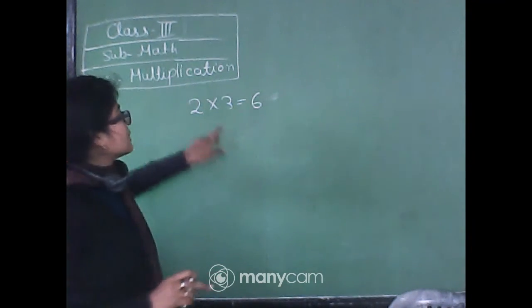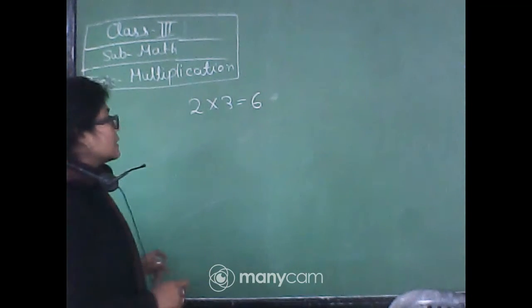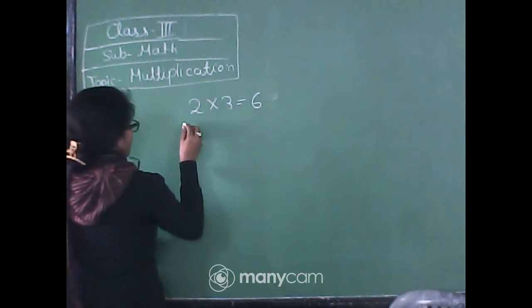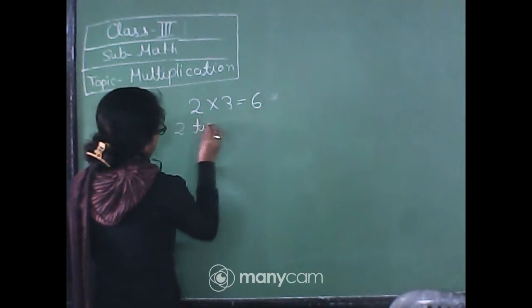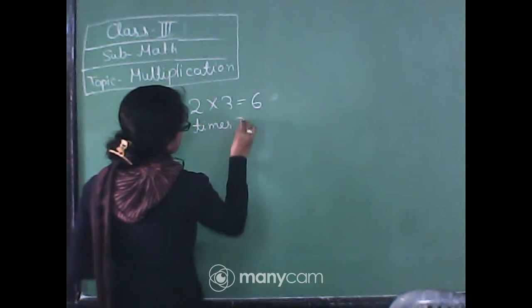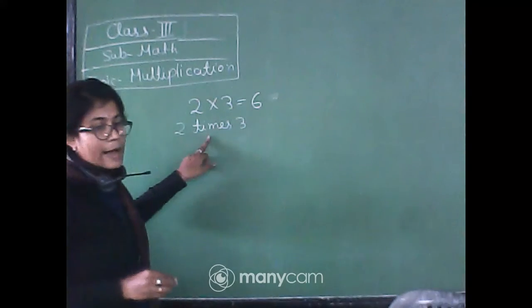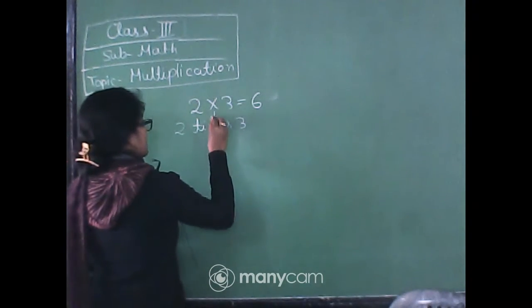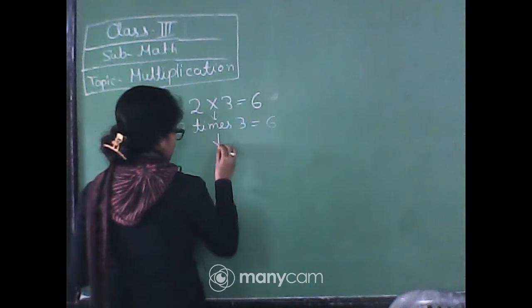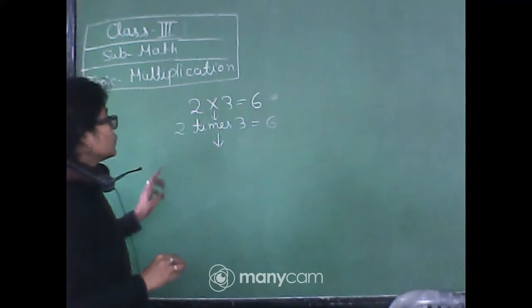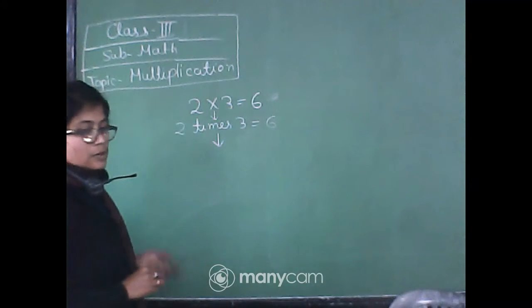So this is the multiplication form. Now you can say it like this: 2 times 3. 2 times 3 is also 6. 2 times 3 is equal to 6.